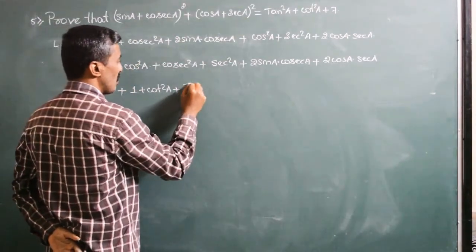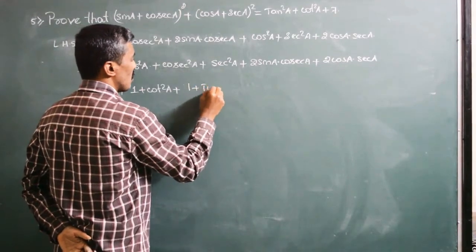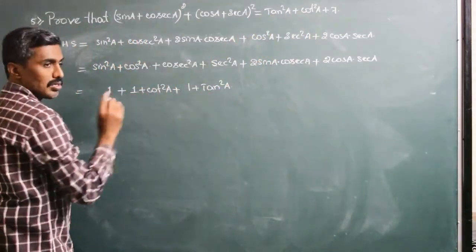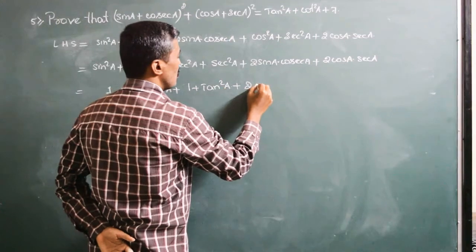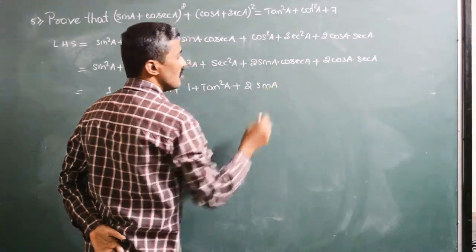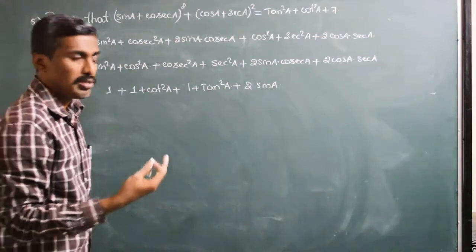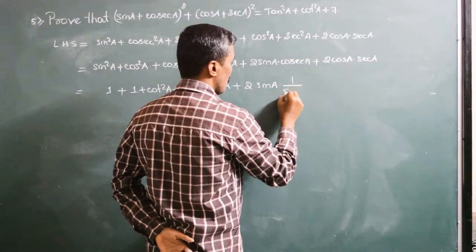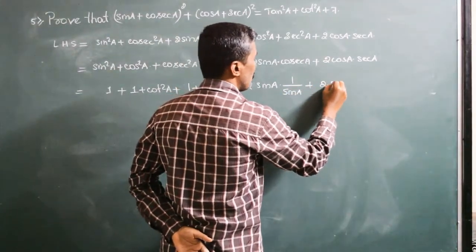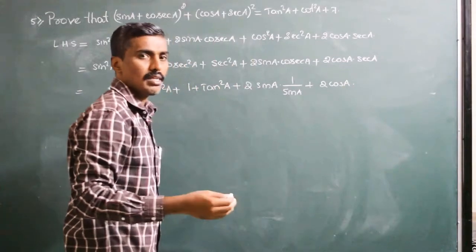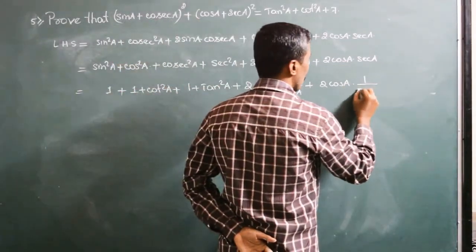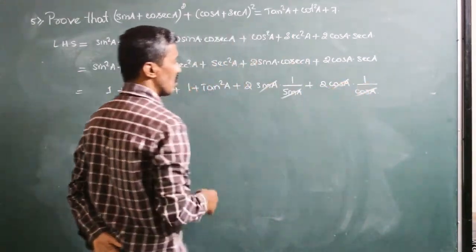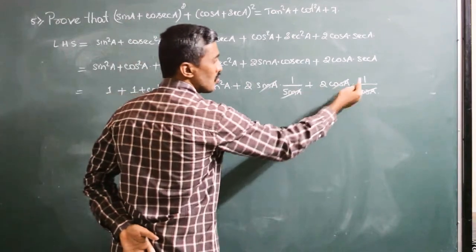So secant square A can be written as 1 plus tan square A. So you require tan and cot. So tan and cot we got. Plus 2 sin A into cosecant A. Sin and cosecant are reciprocal to each other, therefore I will express cosecant A as the reciprocal of sin, 1 by sin A. Plus 2 cos A into secant A, the reciprocal of cos, 1 by cos A. Now this sin A gets cancelled, this cos A gets cancelled, 2 into 1 is 2, plus 2 into 1 is 2.